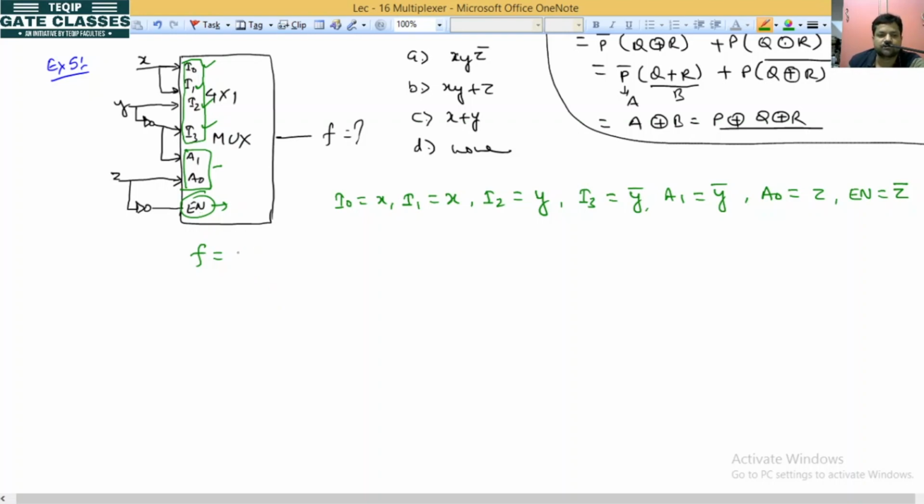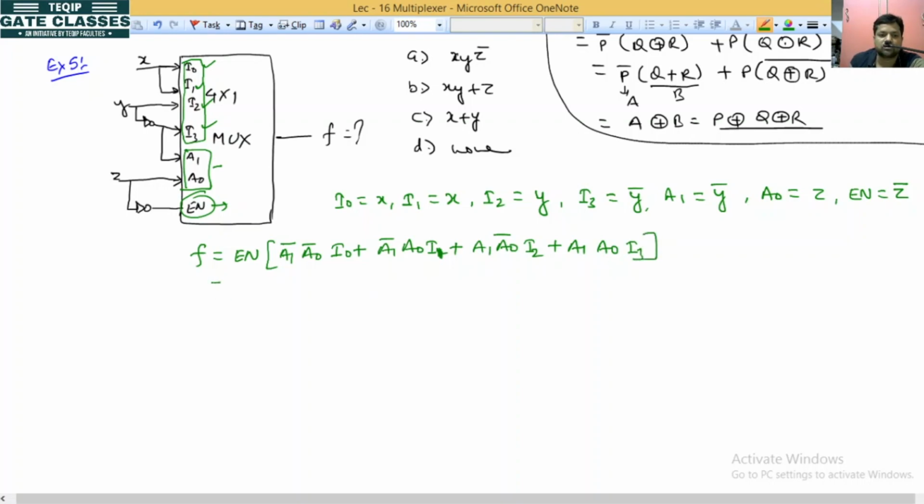So it will be En, and what is the formula for that? In place of S1 we have A1, so A1 bar A0 bar I0 plus A1 bar A0 I1 plus A1 A0 bar I2 plus A1 A0 I3.